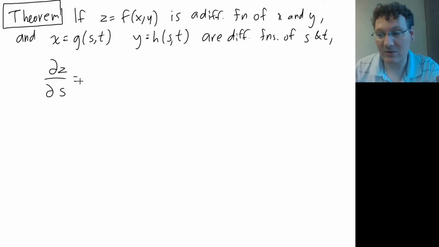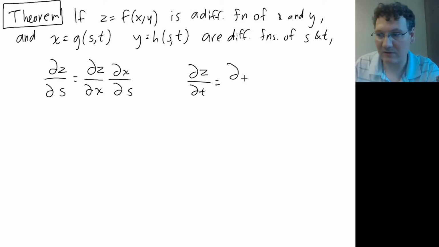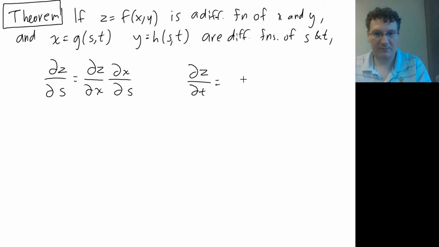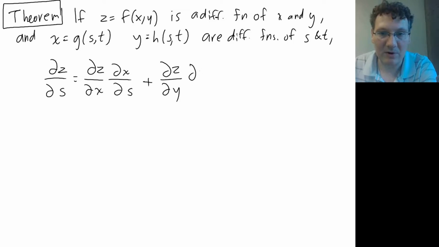That's going to follow a chain rule that's going to actually be quite similar looking, but in this case we're going to have partial derivatives all the way through. So it's going to be the partial derivative of z with respect to x times the partial of x with respect to s, plus the partial derivative of z with respect to y times the partial derivative of y with respect to s.